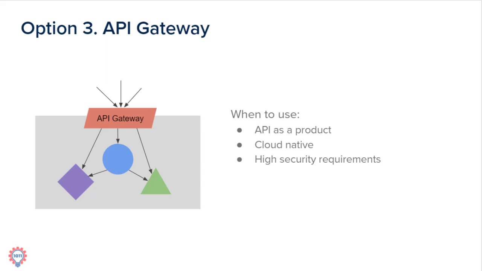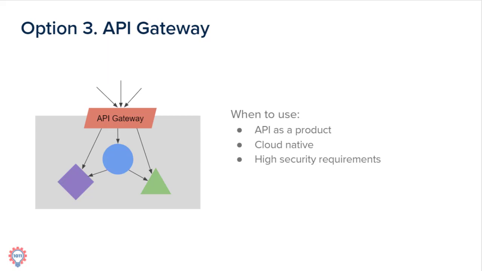So when does it make sense to use API gateways? First of all, if your API is the product that you're going to sell. Adopting API management platforms that will give you a lot of functionality for free makes a lot of sense.